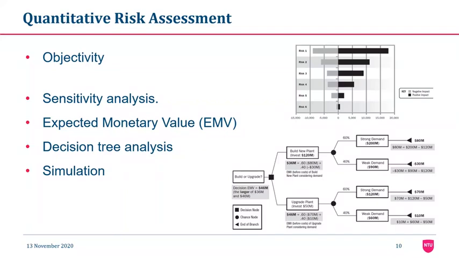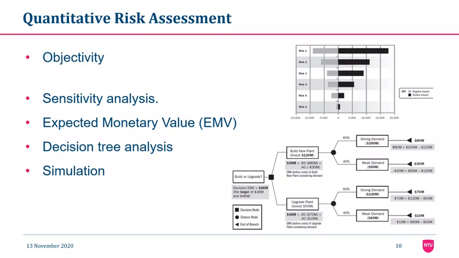There are also more objective methods for assessing risks. As you probably noticed, in qualitative methods we are dependent on expert judgment for estimating the probability and impact of each risk. But quantitative methods are more objective. There are so many methods available to choose from, but here we have, for example, sensitivity analysis.